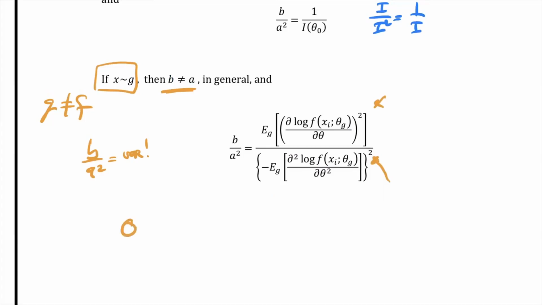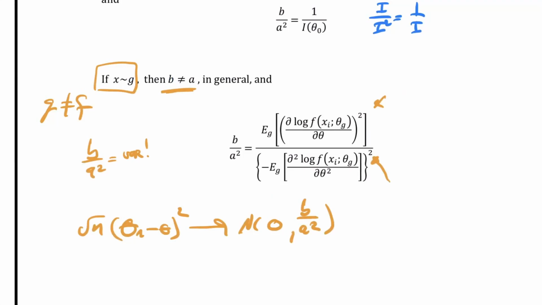And what this means is that root n times theta hat minus theta converges to normal 0, B over A squared. And so you'll get your confidence intervals, you'll get your variance from this, but this is the key variance, whereas you might be assuming this.